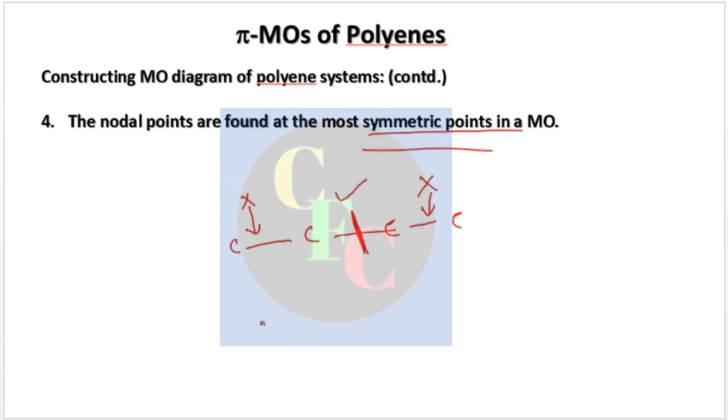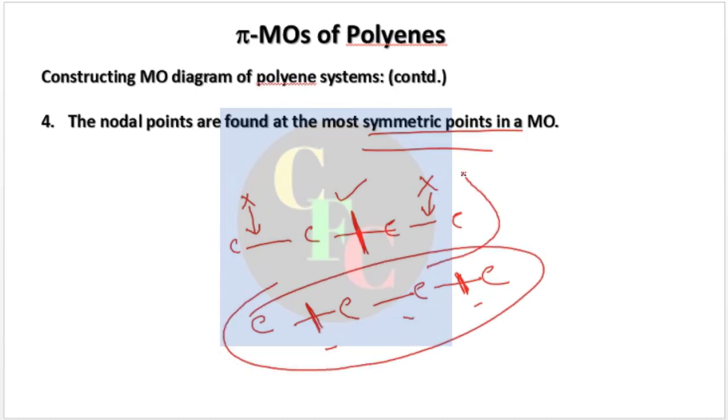If you have to put 2 nodes, you cannot put them between C1 and C2 and between C2 and C3. You have to put them between C1 and C2 and between C3 and C4, because this will give you the most symmetric arrangement. So with this knowledge, we can start constructing the molecular orbitals of polyenes.